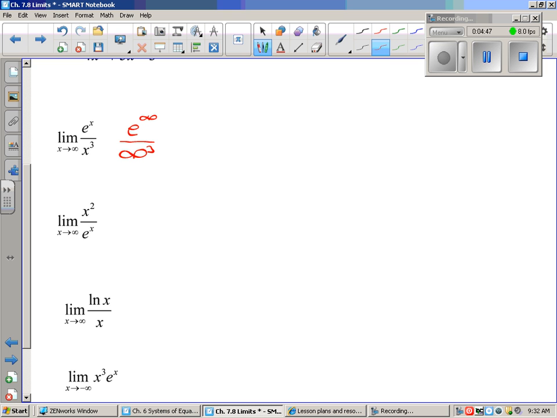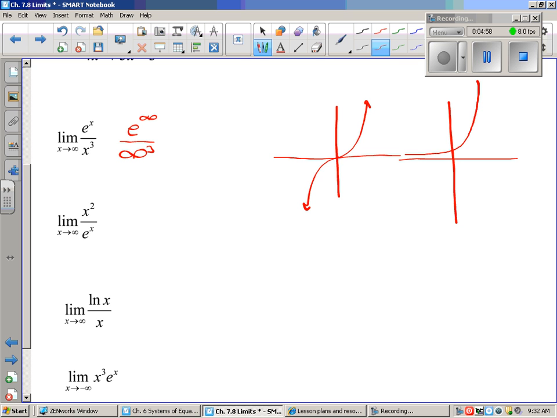Although they look quite similar, x cubed is, of course, that cubic function, and then you have e to the x which starts slowly, and then it jumps right up. An exponential happens faster by far. E to the infinity is the one that takes precedence. So when I'm looking at e to the infinity, that equals infinity, I can easily see that even though this was infinity over infinity, the stronger function wins.